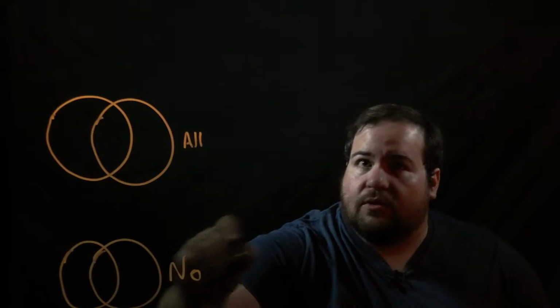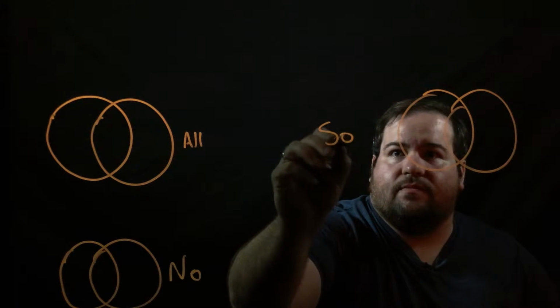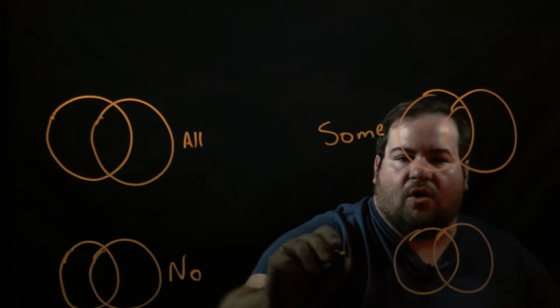Now, when we're trying to represent terms, we have to do 2 things. We have to either shade or we have to put an X. So think back to our 4 main logical statements. We have all, we have no, we have some, and we have some are not.